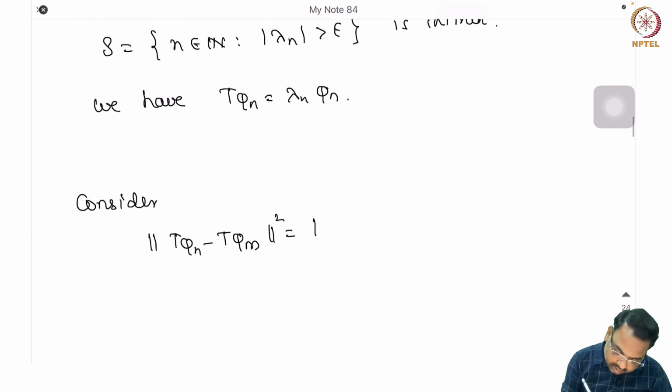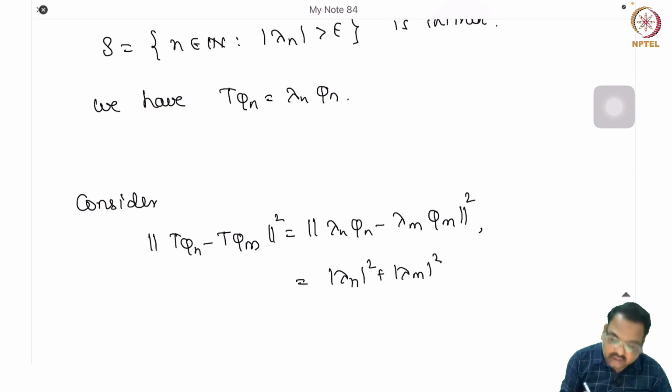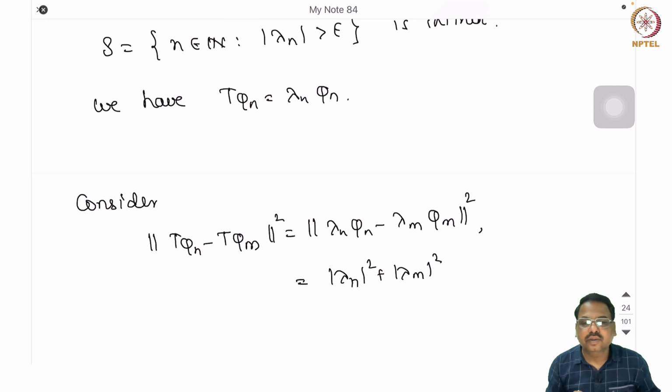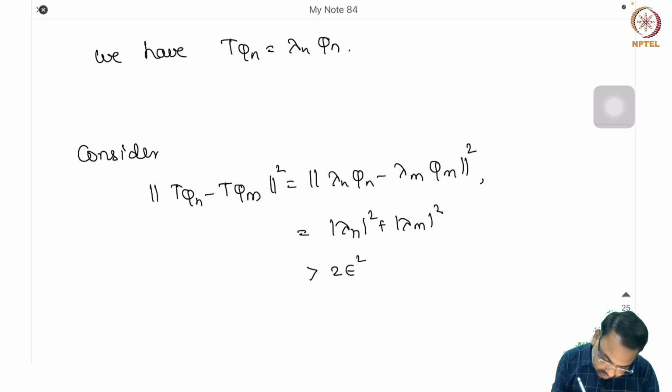This is nothing but norm of lambda n phi n minus lambda m phi m square, where n and m belong to the set S. So this is nothing but mod lambda n square plus mod lambda m square, by using the orthogonality of phi n and phi m when n is not equal to m. So this is bigger than 2 epsilon square.